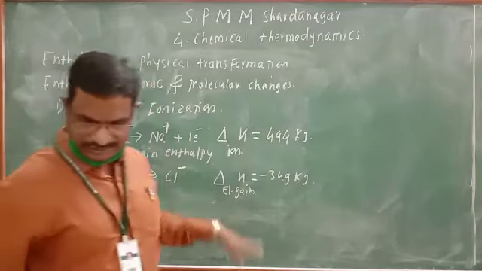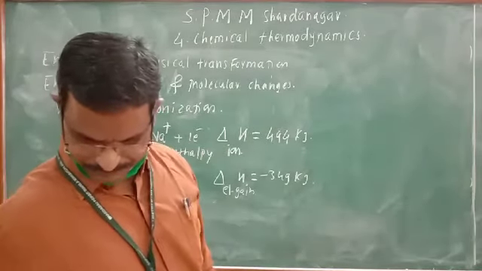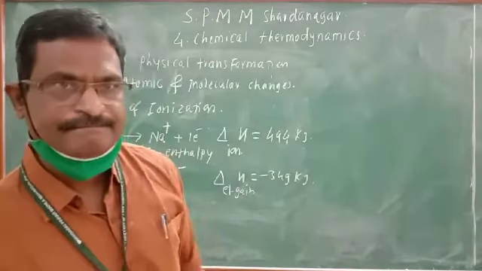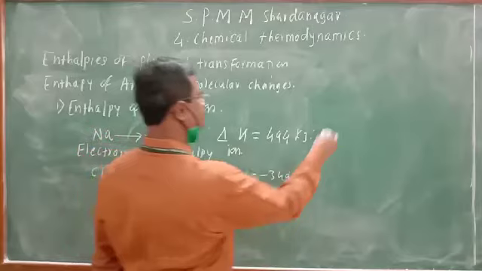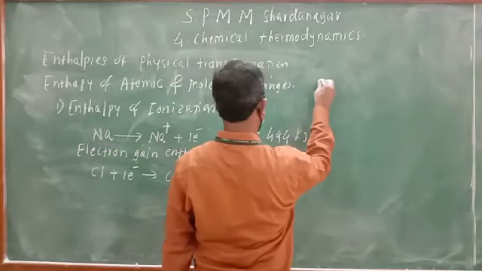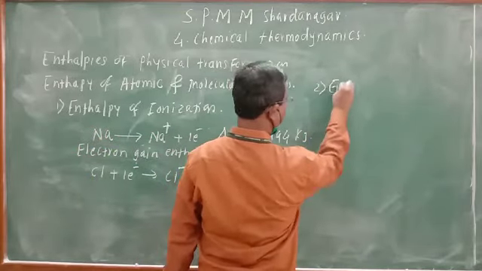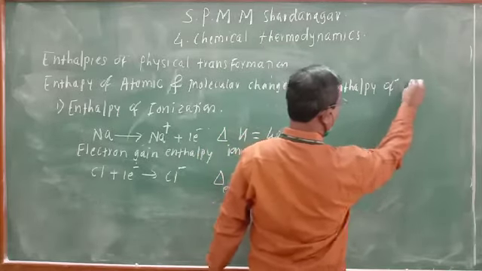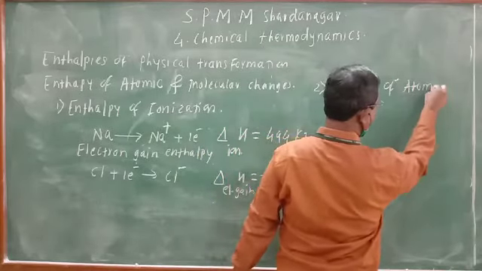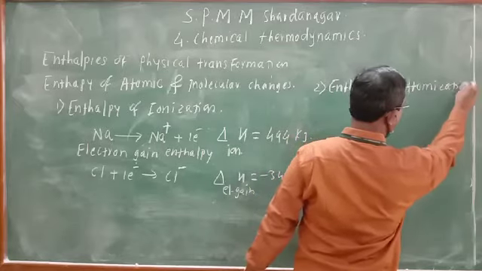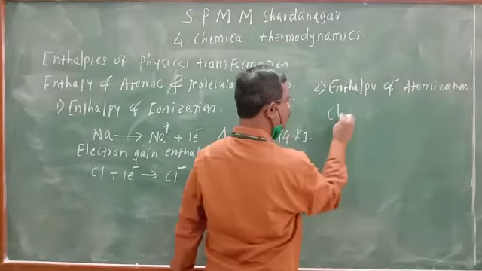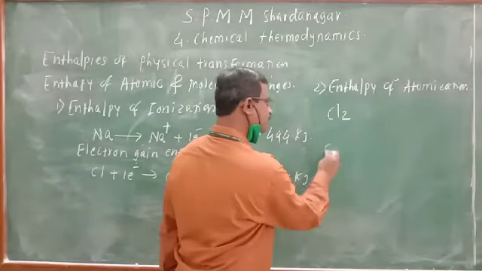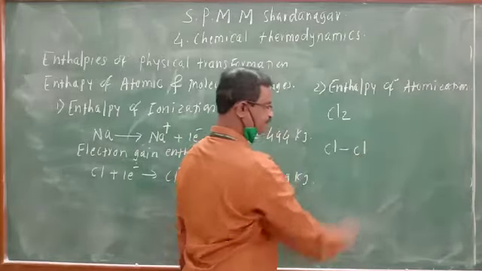Now enthalpy of molecular change. What happens to the molecule? That is known as enthalpy of atomization. We have the chlorine molecule, Cl2 molecule, containing 2 chlorine atoms.